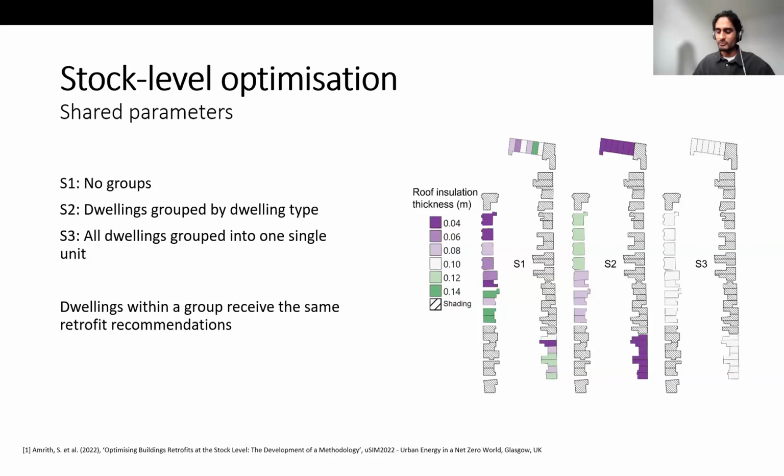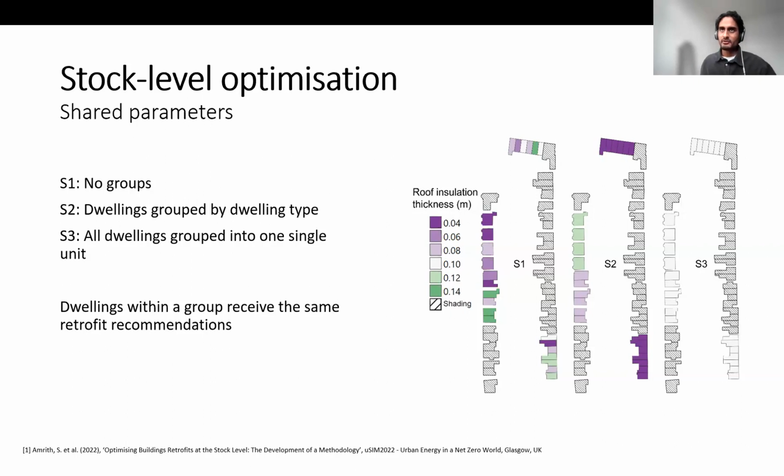But the grouping is not predetermined. You could also group by properties such as age, and these buildings may not necessarily exist together side by side. But if you group by age, then you would end up giving a certain age group of buildings a certain retrofit approach.